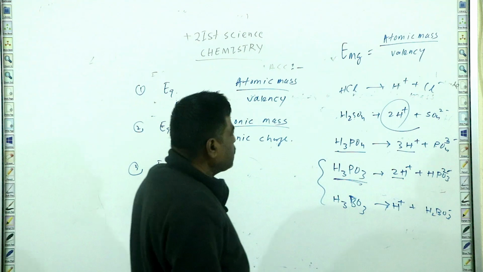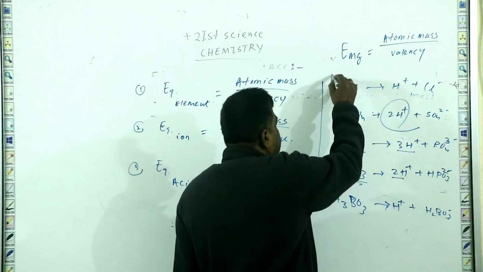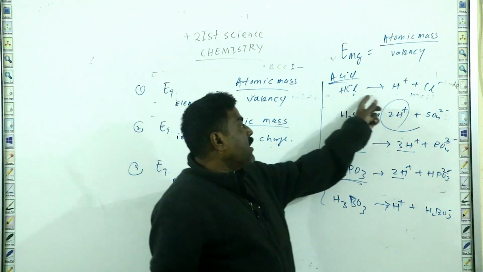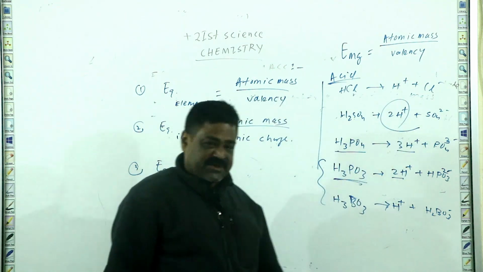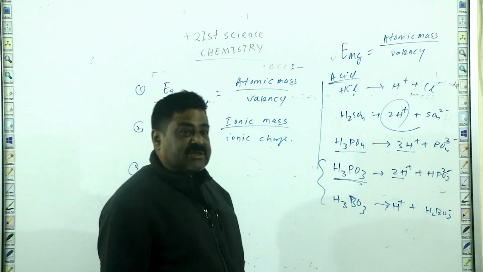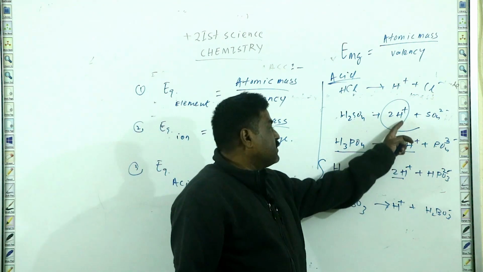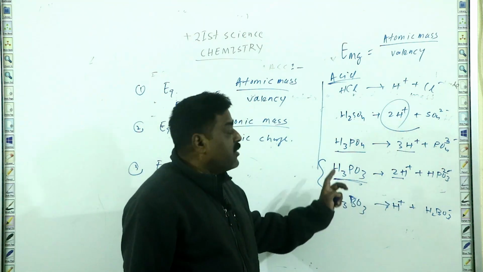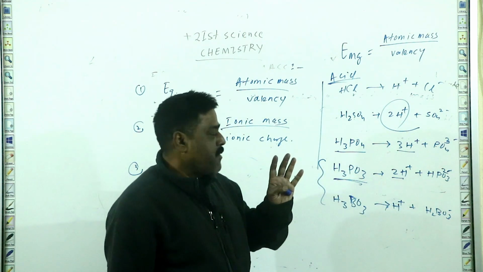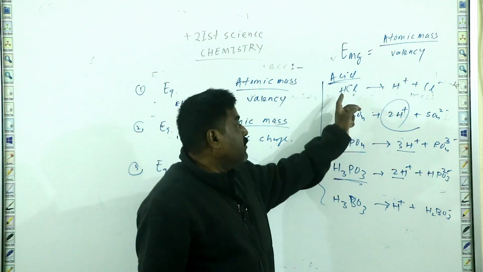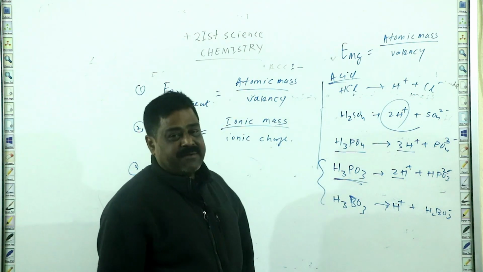Now I can say these are the acids which can give H plus ion in water. The number of H plus ions given by the acid is called its basicity. Basicity is the number of H plus ions given by one molecule of the acid in the solution. One molecule of HCl gives 1 H plus ion.